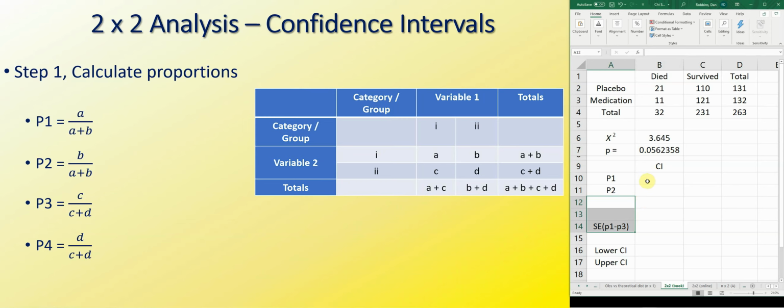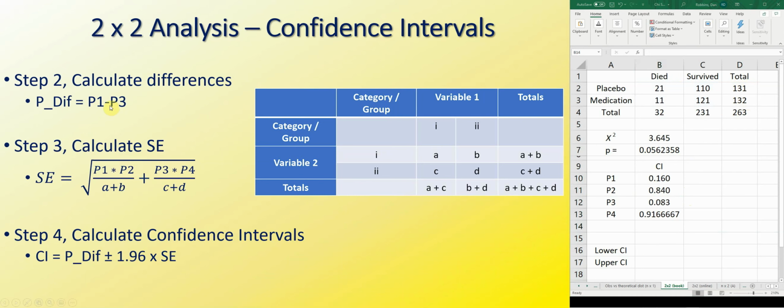Now P1 we can see is our A divided by the total of A plus B, and 2 is our B divided by the total of A plus B, 3 is our C divided by the total of C plus D, and 4 is D divided by the total of C plus D. So we've got our 4 proportions in here. The next step we need to do is calculate the differences between 1 and 3 and 2 and 4.